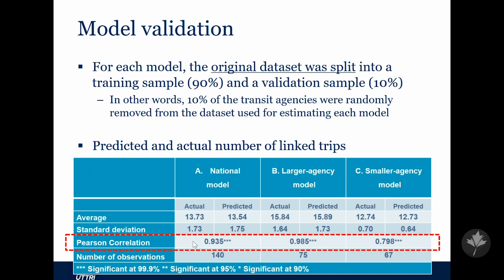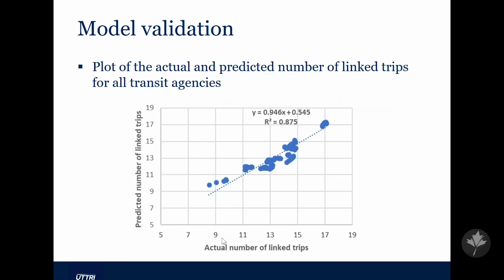The Pearson correlation coefficient between the predicted and the actual on the validation sample was greater than 0.9. Again, something to give us more trust and confidence in the results of the model. And this is a plot of the actual versus the predicted on the validation sample, again showing a very high association here.